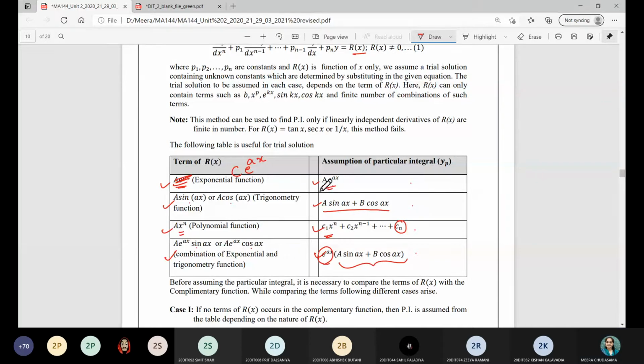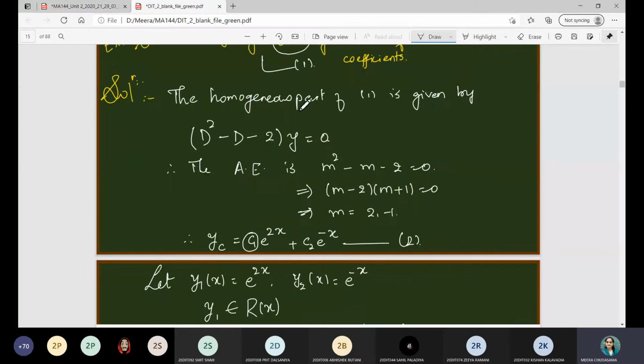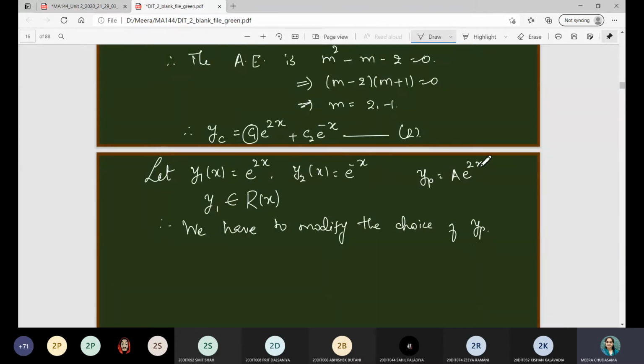But since e raised to 2x has already occurred in the complementary function, we have to modify the choice of yp. We will multiply it by x, so x e raised to 2x; whatever yp you have taken, we multiply it by x.